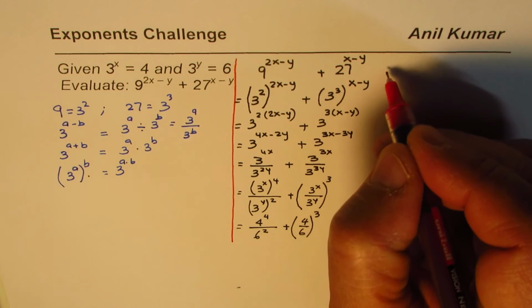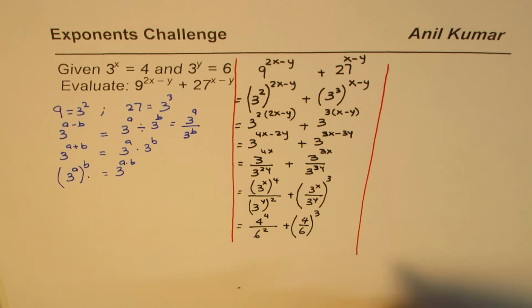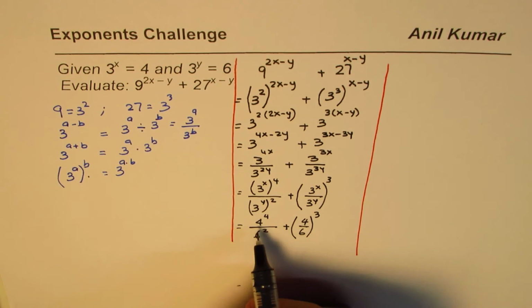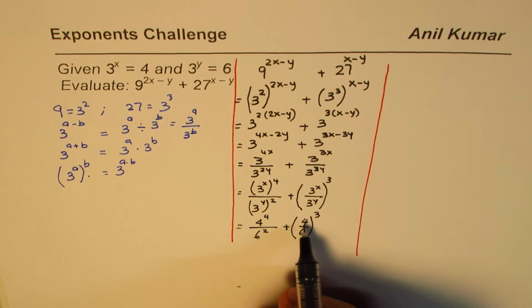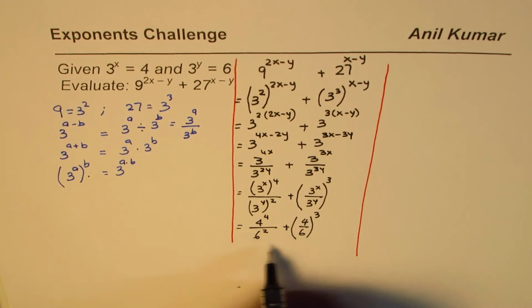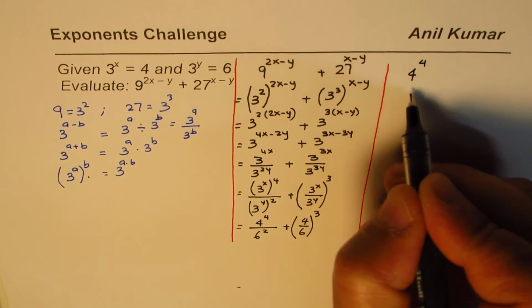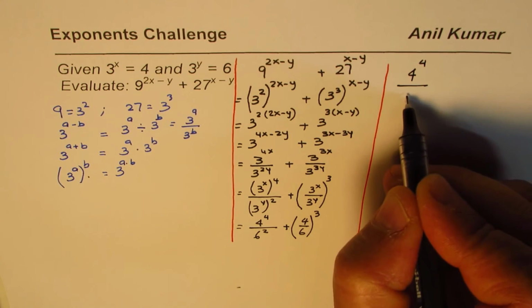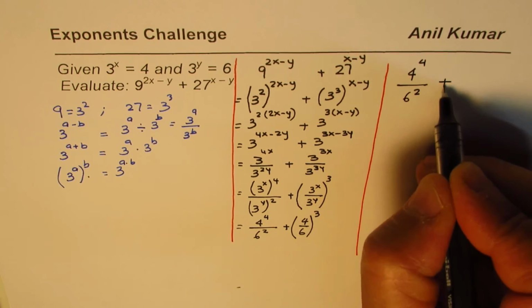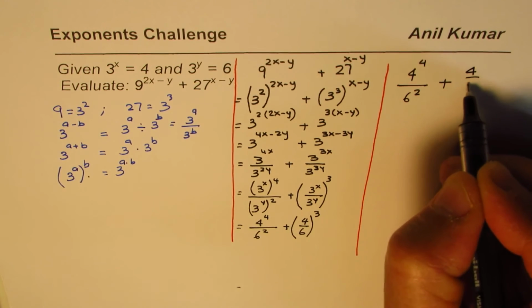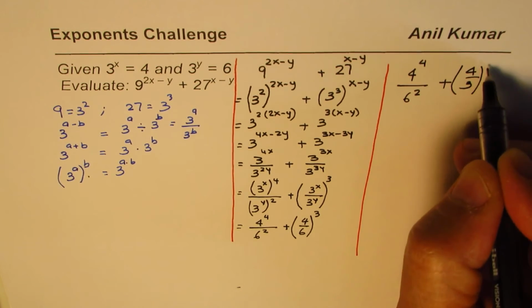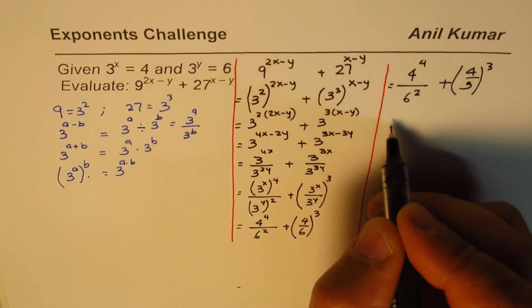So let us simplify it on the right side. So we have 4 to the power of 4, 6 squared, and this is 4 over 3, which can be written as 2 over 3. You could always use a calculator. So we have 4 to the power of 4 divided by 6 squared plus 4 over 6 whole cubed.